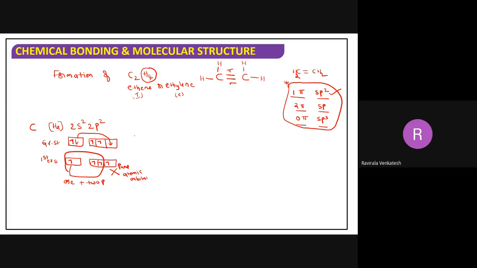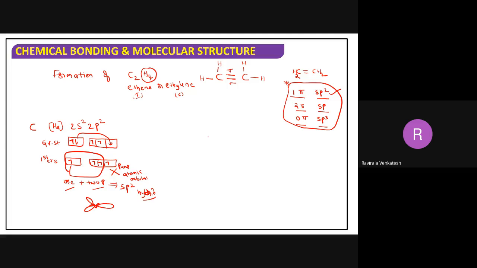In ethene, one s orbital and two p orbitals intermix to give sp2 hybrid orbitals, along with one pure atomic orbital. So what is the shape of sp2? Like this, correct?